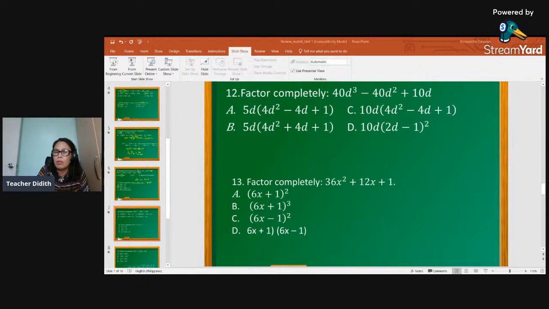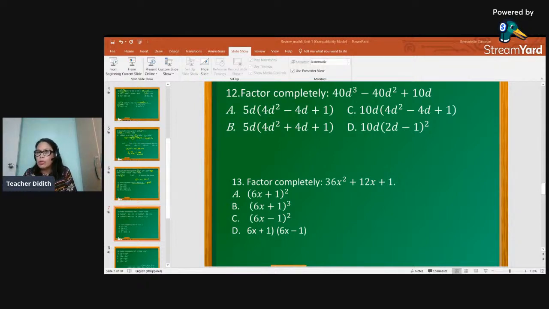So 40d cubed divided by 10d, we have 4d squared. And then negative 40d squared divided by 10d, we have minus 4d. And then 10d divided by 10d is 1. So the other factor is actually 4d squared minus 4d plus 1. But this is still factorable since this is a perfect square trinomial, and letter D must be the correct answer.